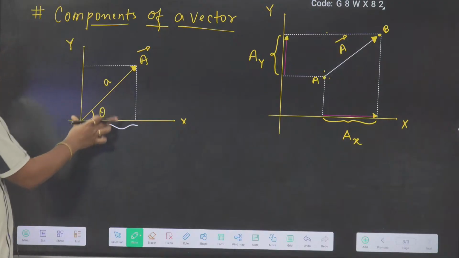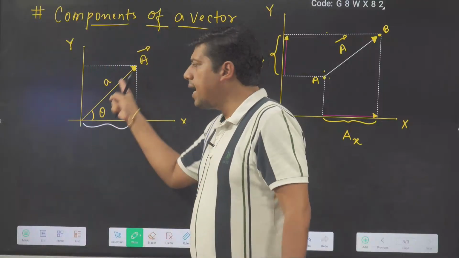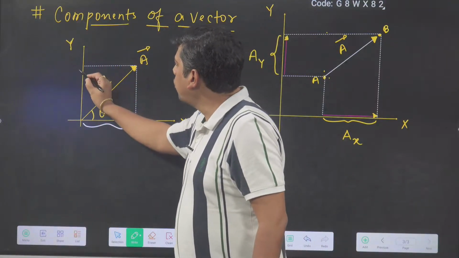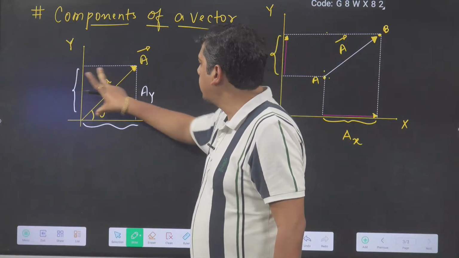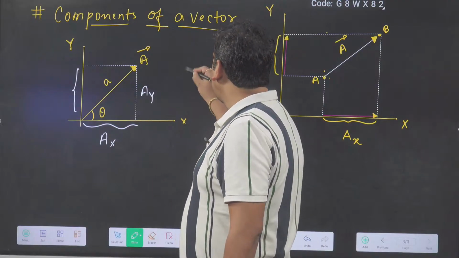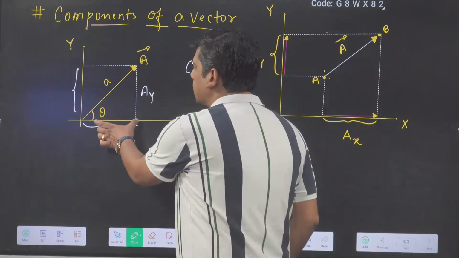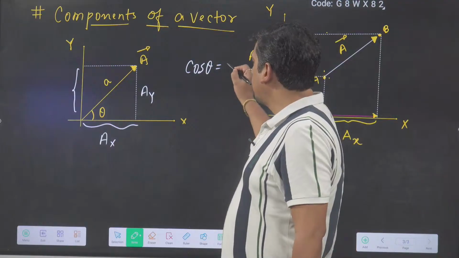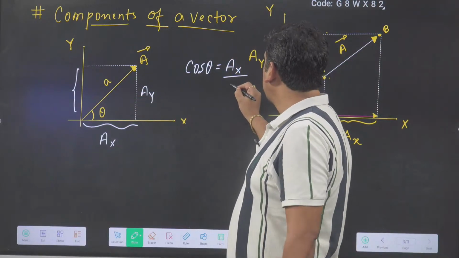Tell me how much will be this length? This is the hypotenuse, please understand. A is the hypotenuse. We are interested in this base, and this is the y component ay, and this is the x component. So if you apply cos theta in this triangle, cos theta is the base ax divided by the hypotenuse a.